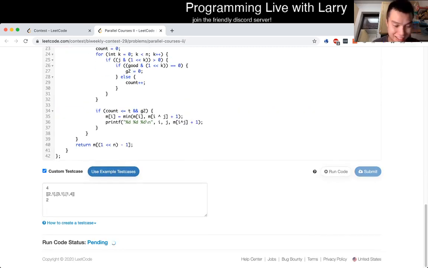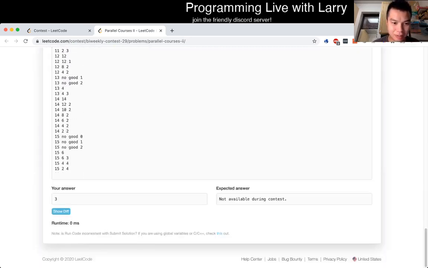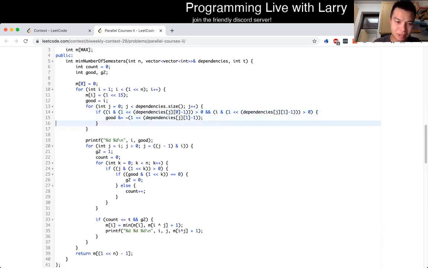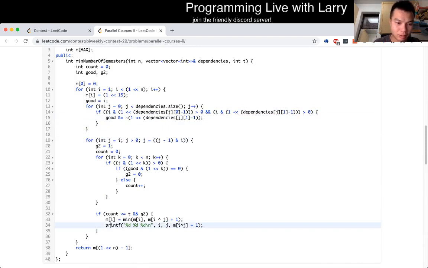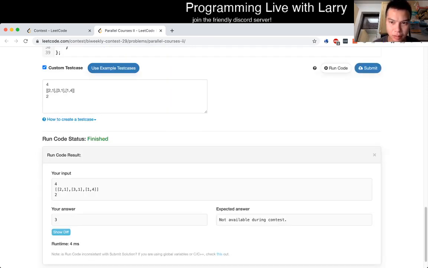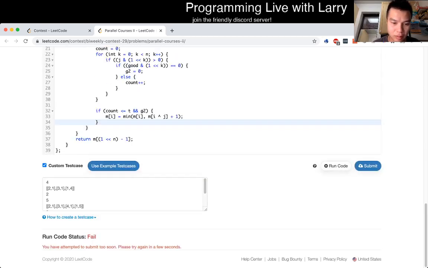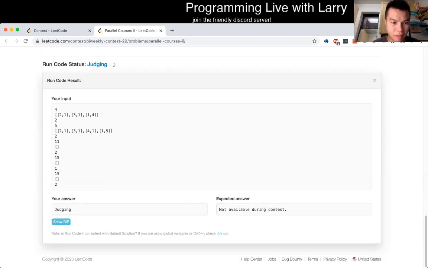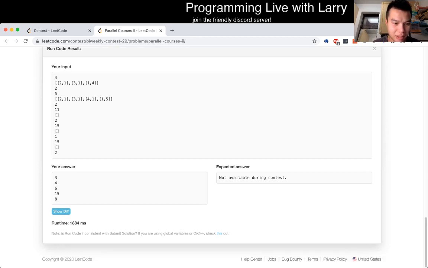Made the same mistake a couple of times. Come on now, really? That's really tight.